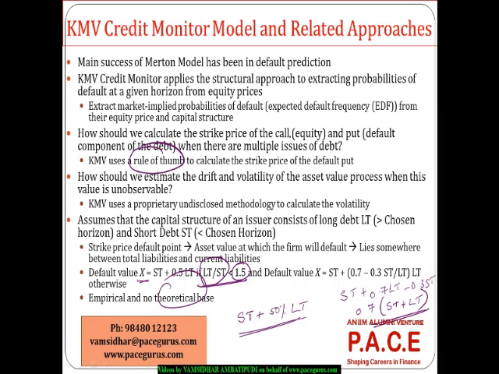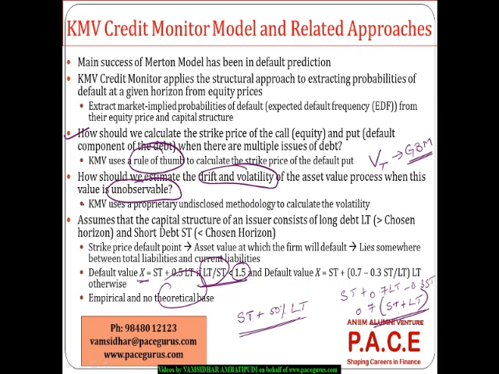Then another issue that they came out with is how do I estimate the drift and volatility of the asset value. The Merton model has typically said that the value of the asset is going to follow a geometric Brownian motion, right? But these people, they don't want to go with that kind of an assessment, because one, how can I make an assumption if it is even unobservable altogether?